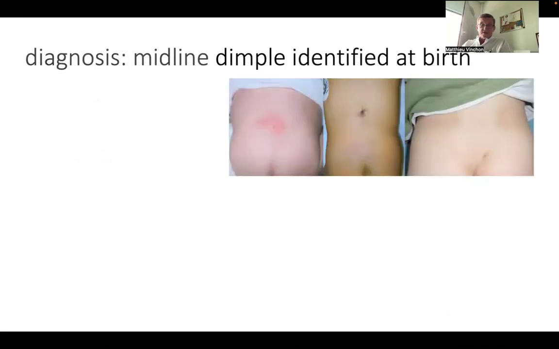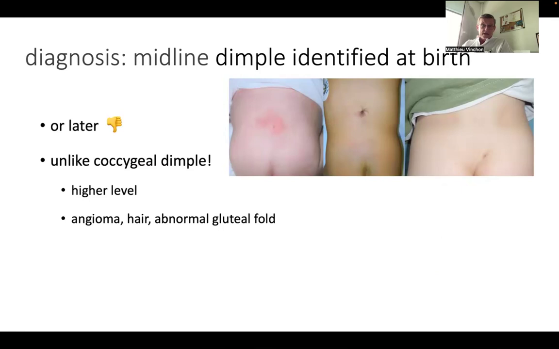So the diagnosis was mostly made at birth because there was a midline mark with angioma, dimple, hair. Sometimes you can have an abnormal gluteal fold. Sometimes it's done later, in which case you can have a loss of chances, as we shall see.